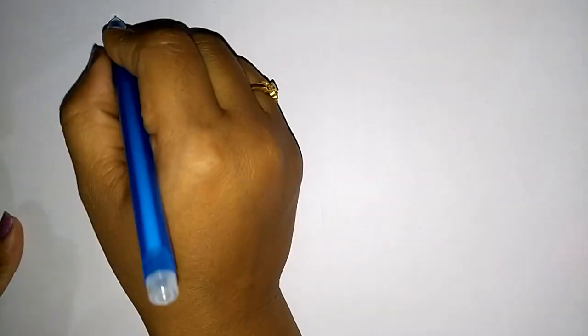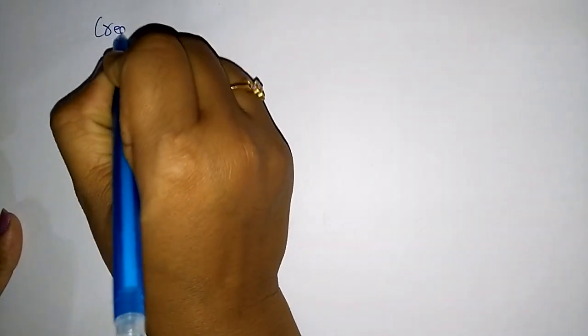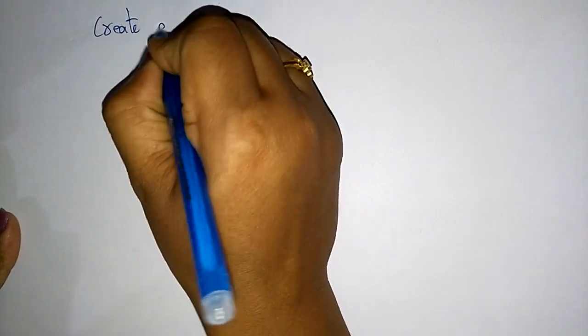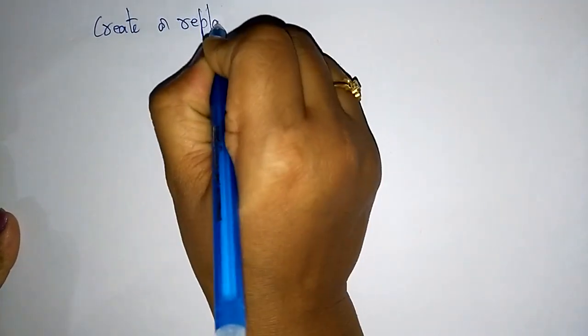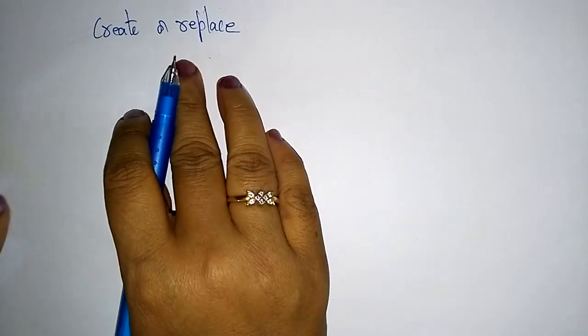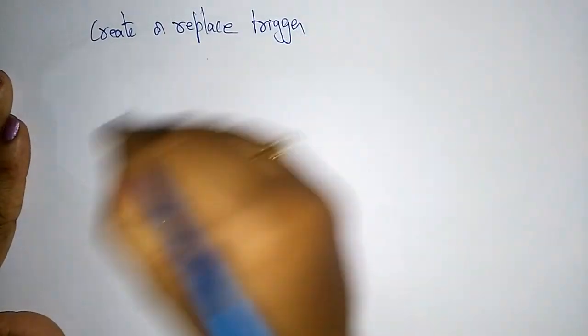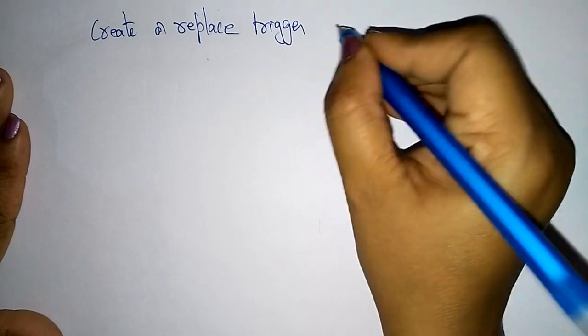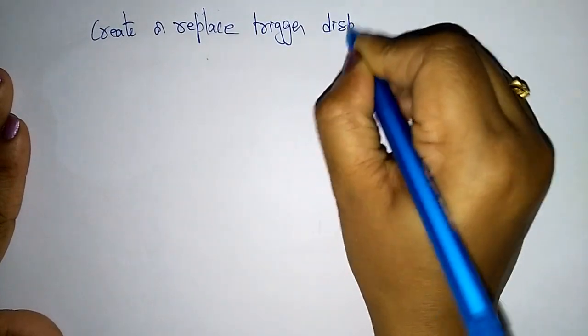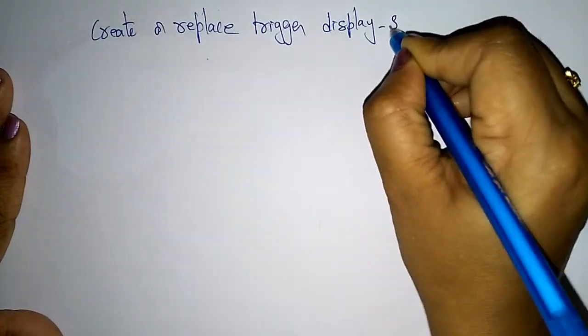So here I'll write the program. First I'm creating a trigger: create or replace. First you have to write create or replace trigger. So what is the trigger name? I want to find out the salary difference, so display salary changes.